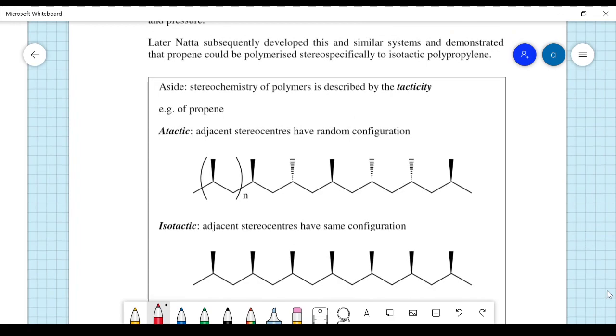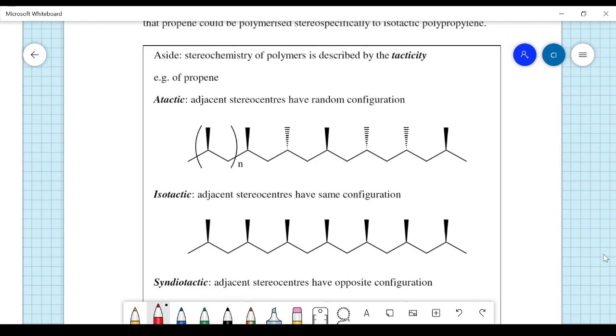Just for your information, I'm telling you that when adjacent stereocenters have random configuration, it will be called atactic. Whenever you use the prefix a, it is just the opposite of this. Isotactic is where adjacent stereocenters have the same configuration. Look at this, here it changes. This one is different from this one. But here you have got all of them similar like that, so that will be called isotactic.